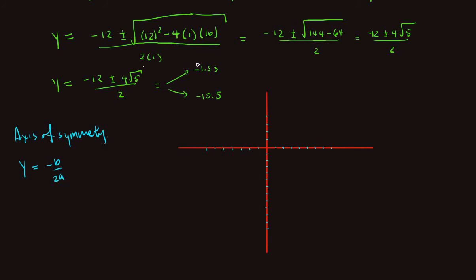In our case, when we used the quadratic formula, a is equal to 1, b is equal to 12, and c was equal to 16. So it will be minus 12 divided by 2 times 1, which is -6. So we have the axis of symmetry when y is equal to -6. And y equal to -6 is, we have -1, 2, 3, 4, 5, 6, here. Let me draw this one in a second.